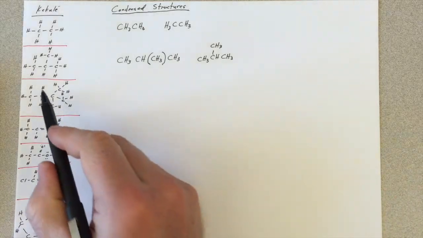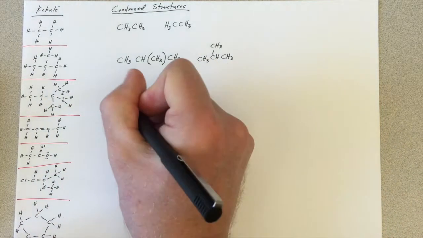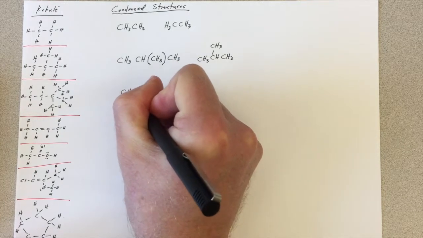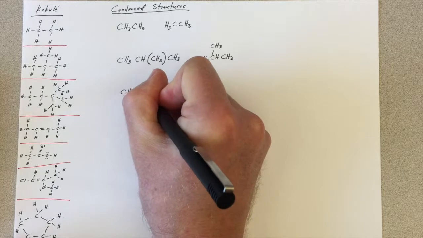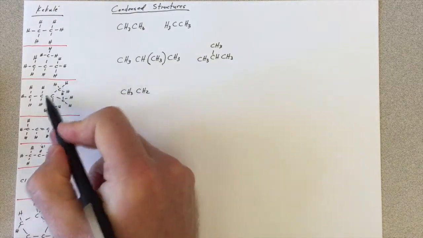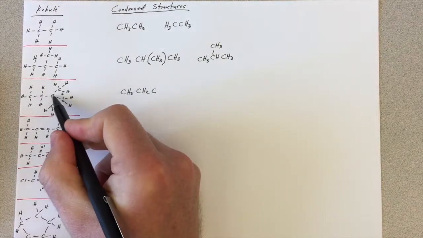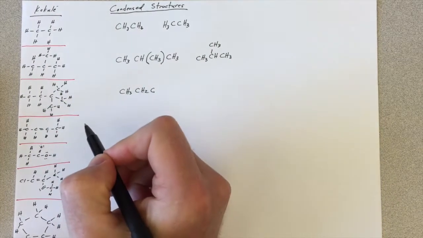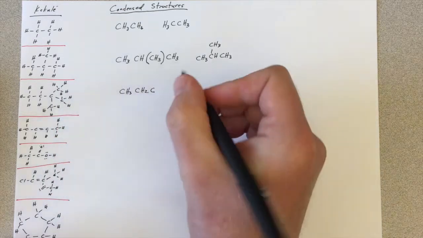Okay. Here's another one with more complicated branching right at the end here. And so we can say this molecule starts with a CH3 unit, then it goes to a CH2 unit, and then we've got just a C unit here. There's no hydrogens directly attached to that carbon, but we have 3 CH3 units attached to it.